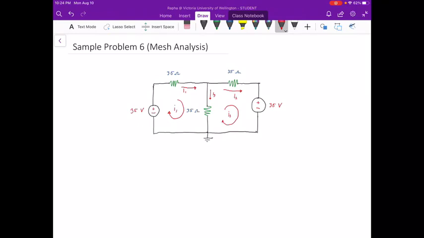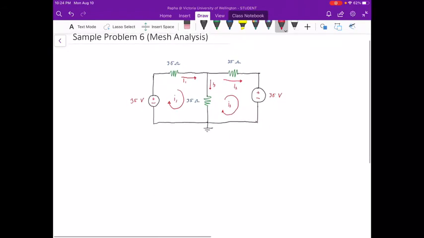So there you have it. Our first step is to draw the mesh currents. Now the next thing that we're gonna do is to create KVL equations for each of these meshes. So to start with, let's do the KVL at mesh 1.